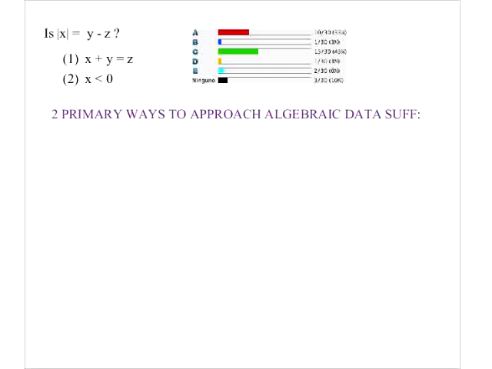The first way is to use algebra, if you know how to do it, or if you know how to use some sort of theory. Second is what? Does anybody know? Text box. Does anybody know how else you can approach these things? Yeah, you can plug numbers.